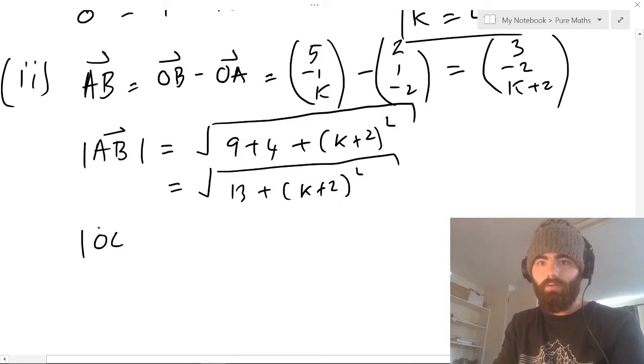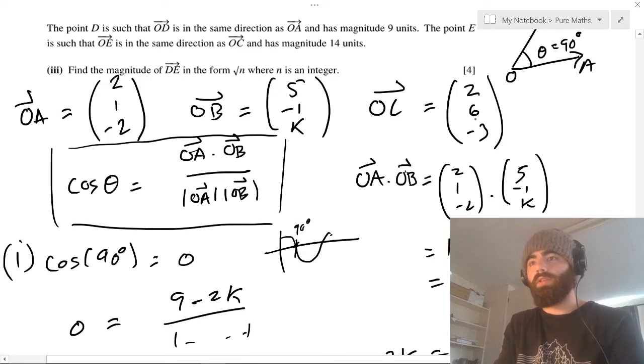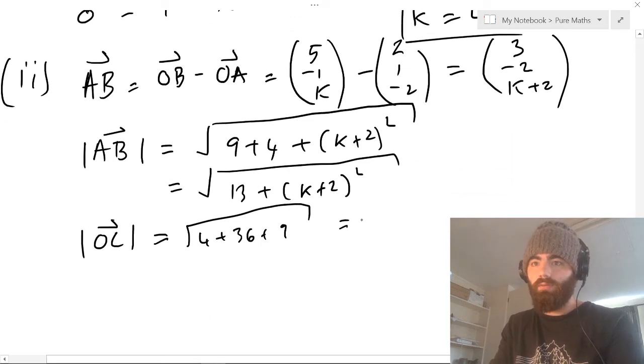And then the magnitude of OC, we just look at our vector, it's the square root of 4 plus 36 plus 9, which equals the square root of 49, which equals 7.